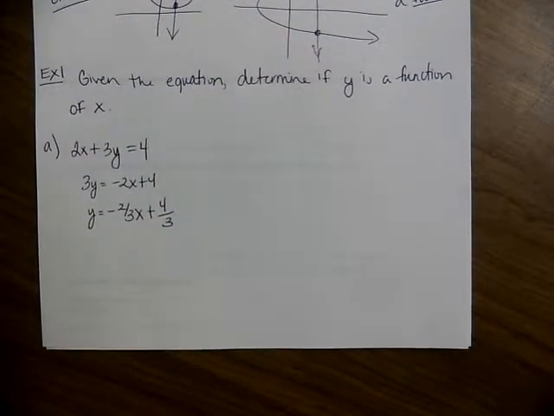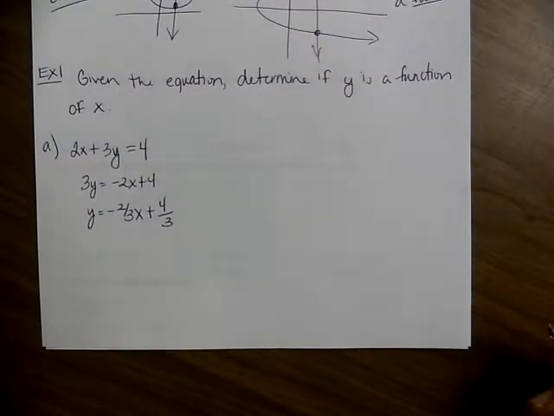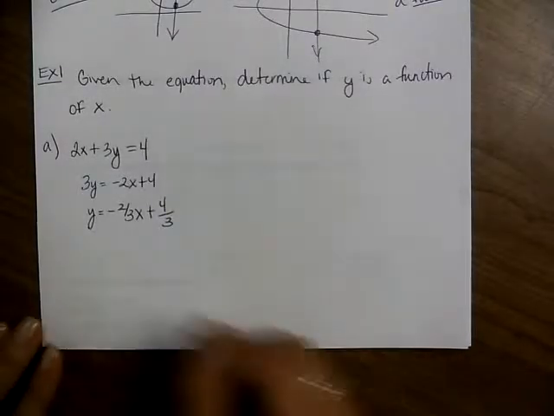Okay, so now I want to think about what exactly I have here. So this is an equation of a line, right? Thinking about a line, will it pass the vertical line test? Yes, right? You can draw a vertical line anywhere, it'll only touch at the one point. So this is a function.